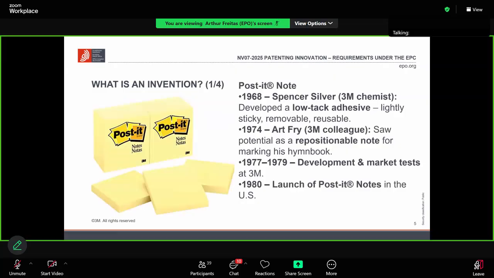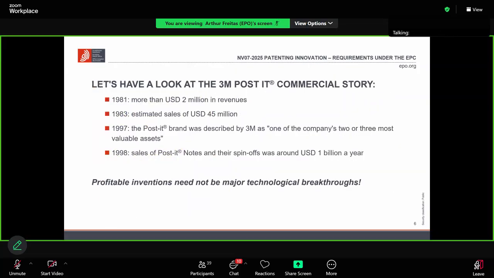You wouldn't find any major application until the early to mid-70s, when Art Fry, an inventor at 3M, realized he could use the technology for a repositionable note. They developed this product, launched it in 1980, and by 1998 they had over $1 billion in revenues from Post-it alone. Post-it was considered one of 3M's major brands and most valuable assets.